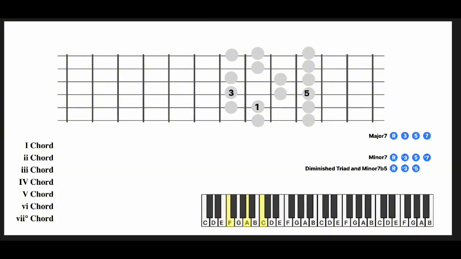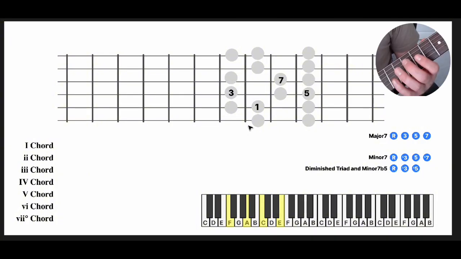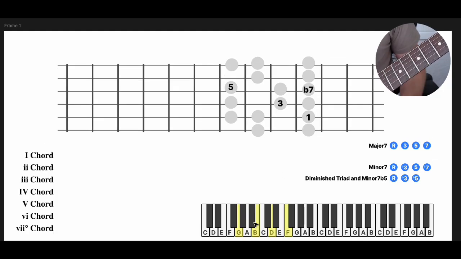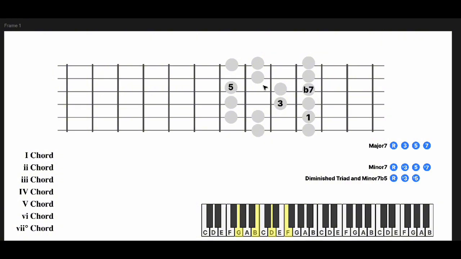The next chord is the 4 chord. Add the 7. And there's that major 7th relationship again. Our 4 chord is major, so we have a major 7 chord. The 5 chord will be interesting. Okay, this is something new. We have 1, 3, 5, and then this distance is a minor 3rd.